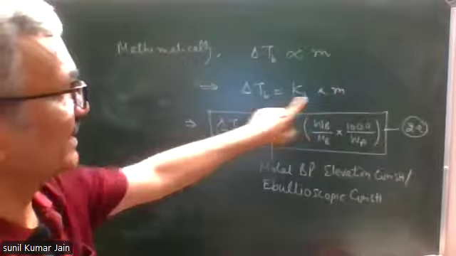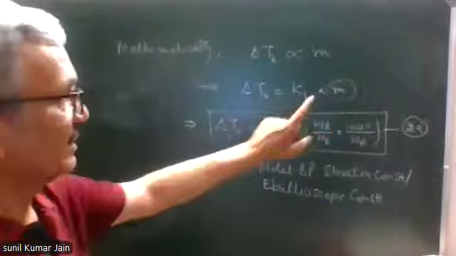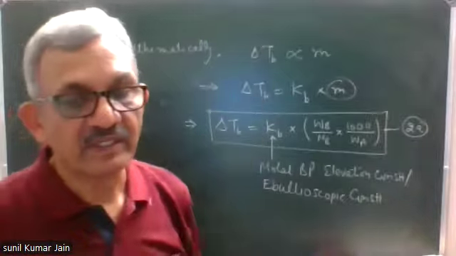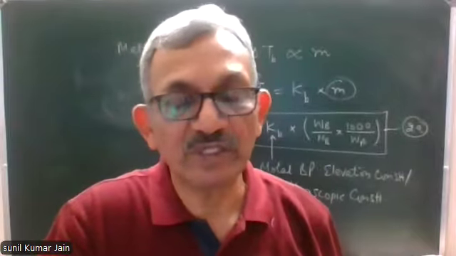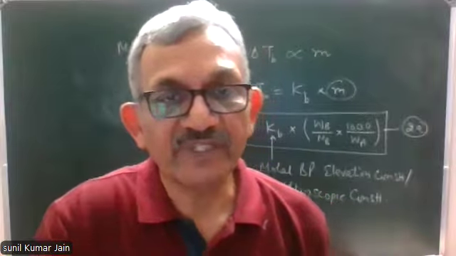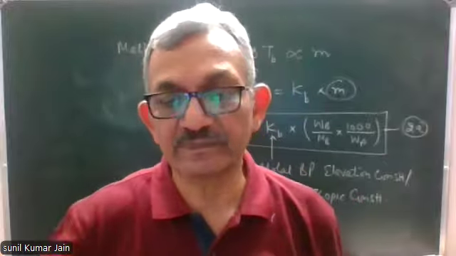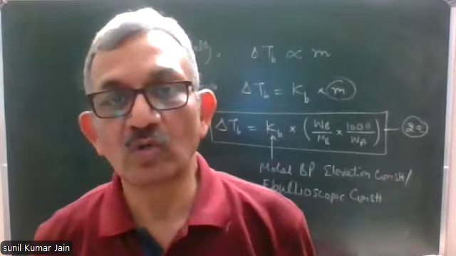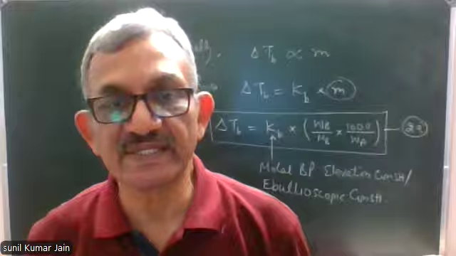Now for definition, we'll take the help of this expression. Remember, if molality is 1, then Kb will be equal to delta Tb. So this will give the definition. Elevation constant is defined as the elevation in boiling point of solvent in the solution whose molality is 1.